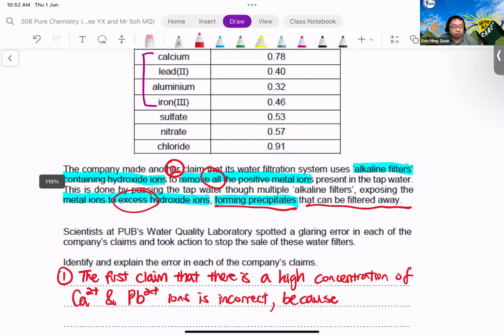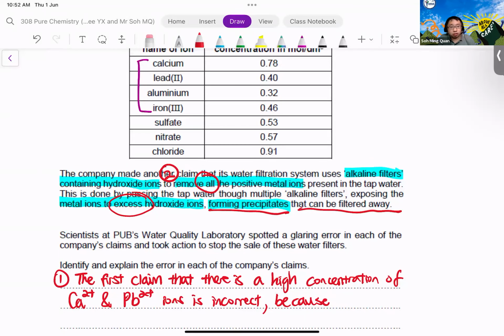Why do I single out calcium and lead-2? We have to think, concentration means it's dissolved in water. Look at calcium. Does it form an insoluble salt with any of the solids? Calcium and sulfate together form an insoluble salt. Lead and sulfate as well. Lead and chloride as well.